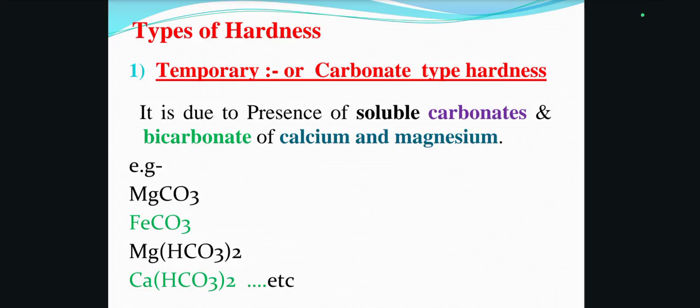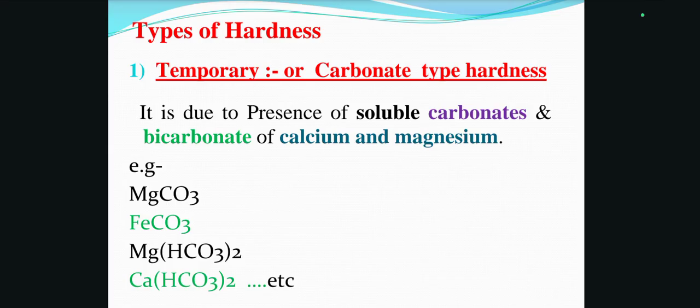And as I said, mostly calcium and magnesium cations are present in the water. So here the examples are magnesium carbonate, iron carbonate, magnesium bicarbonate, calcium bicarbonate. Here calcium carbonate is not an example because calcium carbonate is practically insoluble in water.